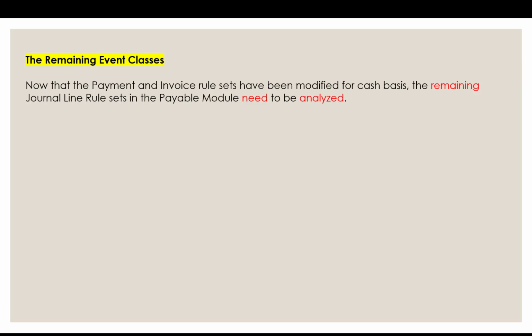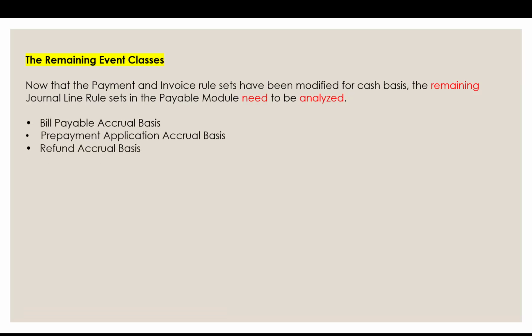Regarding the remaining event classes in accounts payable, now the payment and the invoice rule sets have been modified. For cash basis, the remaining journal line rule sets in the payables module need to be analyzed, for example bills payable accrual basis, prepayment application accrual basis, refund accrual basis.